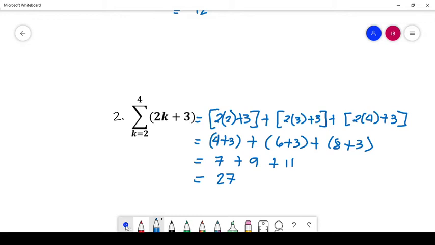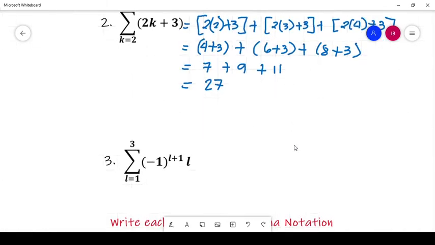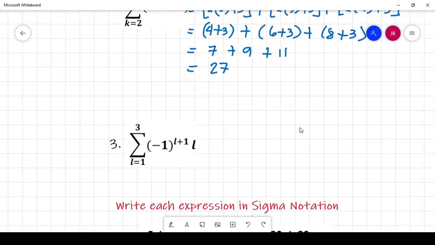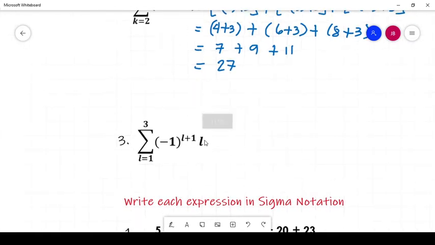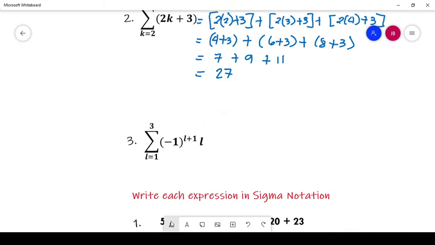Okay, now let's proceed to example number 3. For example number 3, we have the summation of negative 1 raised to L plus 1 times L from L equals 1 to 3. Same process. So we're going to substitute L from 1 up to 3.